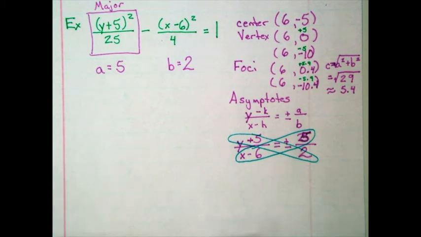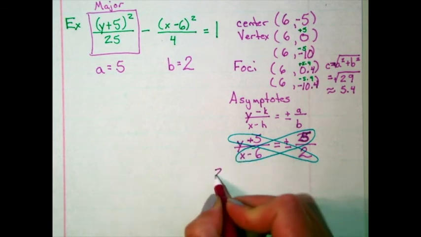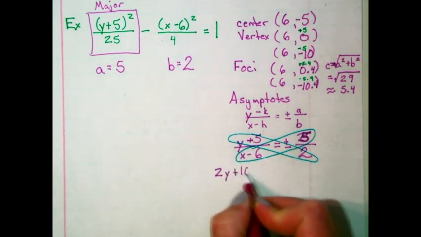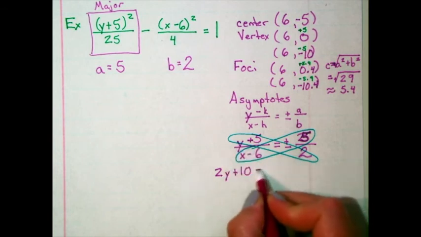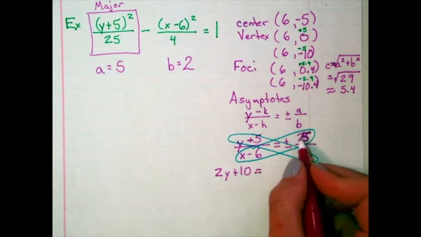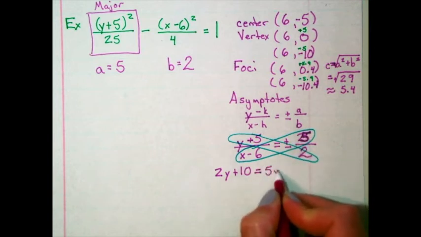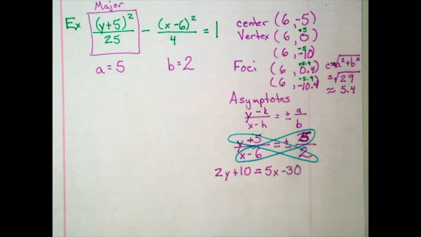So if I cross multiply on this side, we're going to have 2y plus 10, because I've got to multiply that 2 by both pieces of that binomial, equals, let's do the plus first, 5x minus 30, and then we're going to have 2y plus 10 equals negative 5x plus 30.